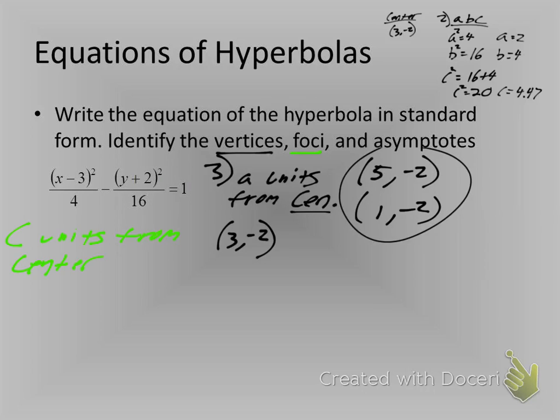You should get 7.47, -2, and -1.47, -2. Wait, how'd you do that again? C is 4.47, right? My foci are C units from my center. It's orientated horizontally, so you move left and right and change your X value by 4.47. Everybody good?